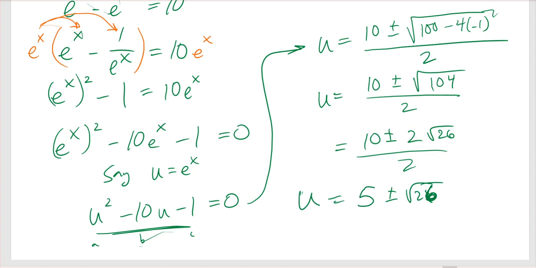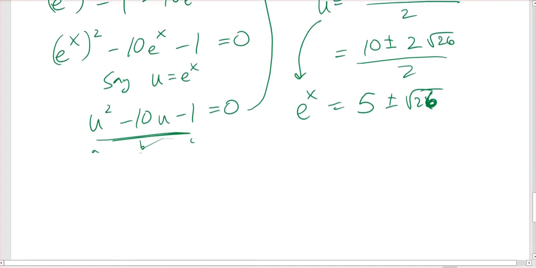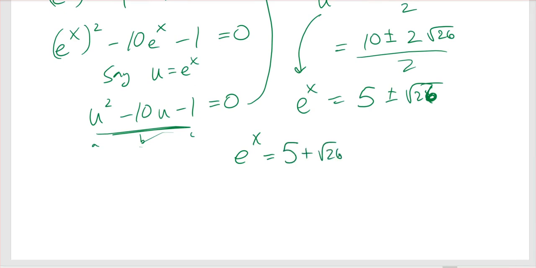Okay, so we got u is equal to this. Well, we don't really want u, we want e to the x, right? Making our substitution back, we're breaking up into two statements. So e to the x is either 5 plus square root 26, or e to the x is 5 minus square root 26.